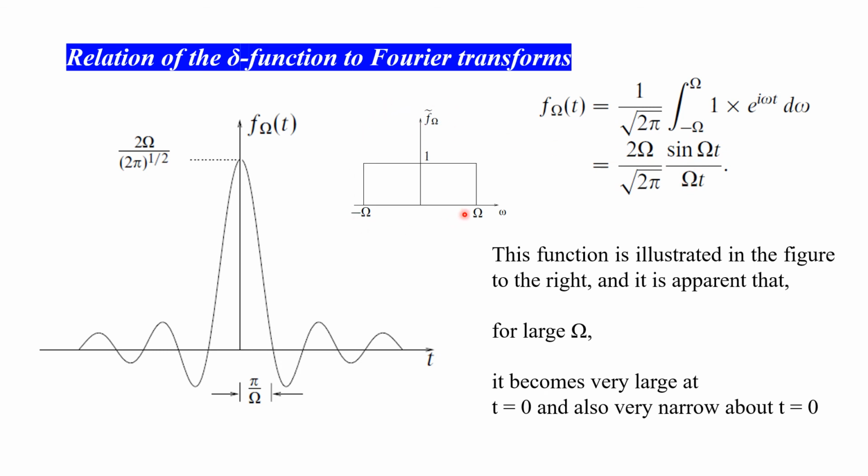So as you can see here, this one is the Fourier transform, and this one is the inverse of the Fourier transform. From this function, it is apparent that for large omega, it becomes very large at t equals 0, and also very narrow at t equals 0.